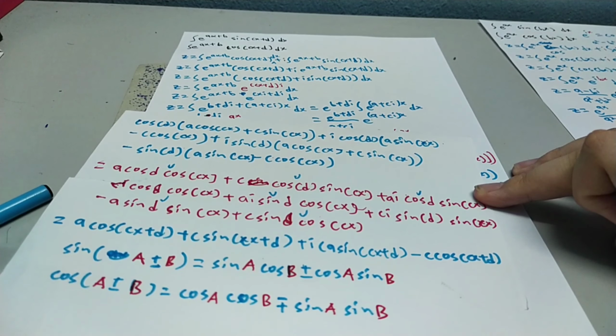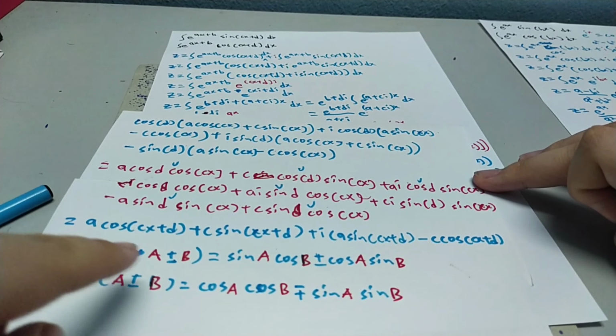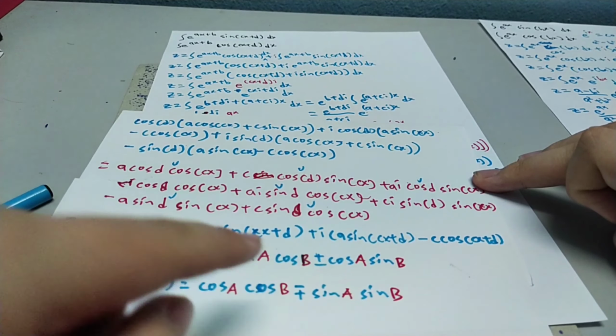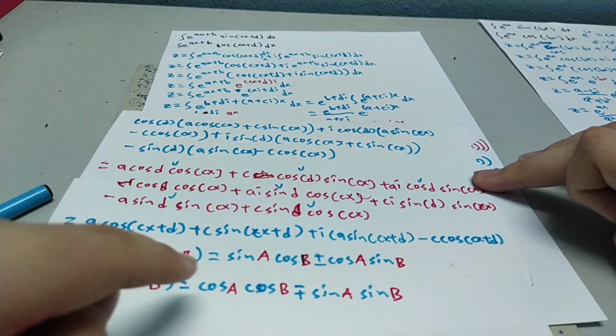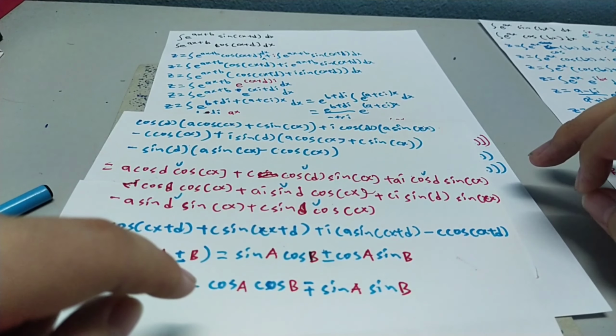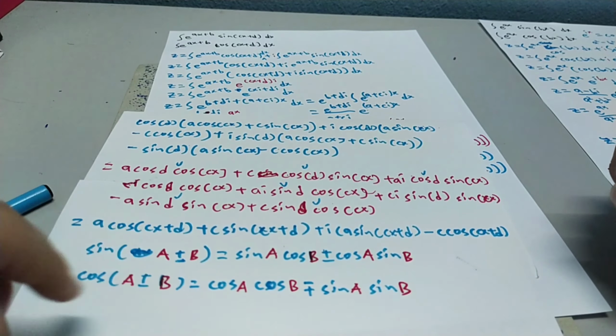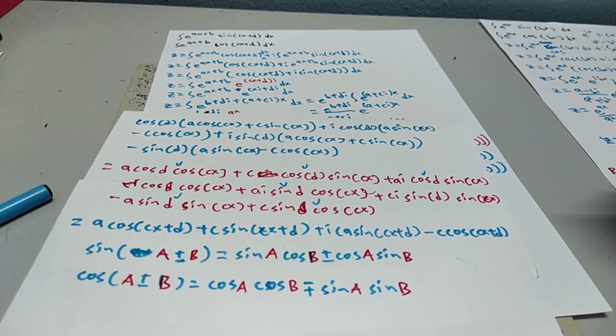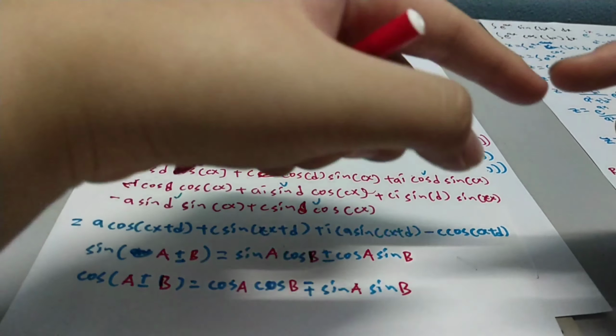But we cannot do it like that, because in order to apply this, we have to make sure it is cosine first, then sine times sine. But this one is sine times sine minus cosine times cosine. So in order to simplify it to become cosine of A plus B, we have to take out the negative. Then that will exchange the terms.